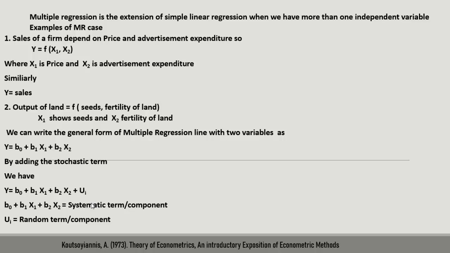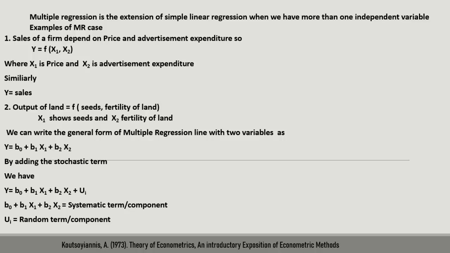Multiple regression is the extension of simple linear regression, where we have more than one independent variable. Some cases of the multiple regression model are given below. First, we take the sales function. We know that the sales of a firm depend on the price of that product and the expenditure made on the advertisement of that product.